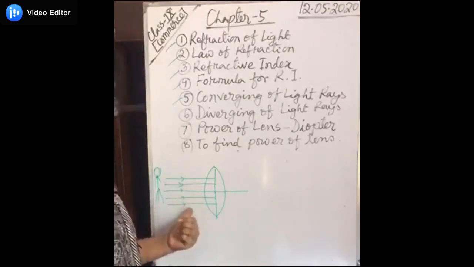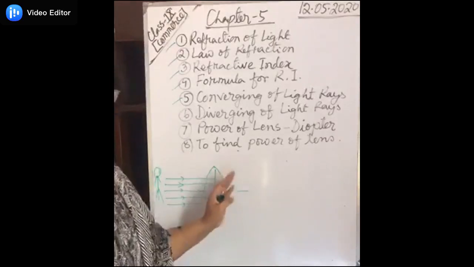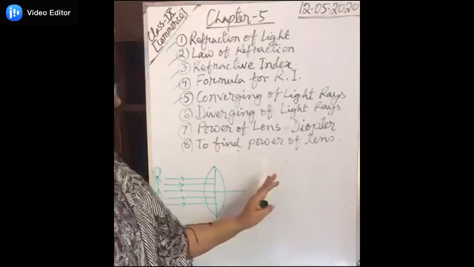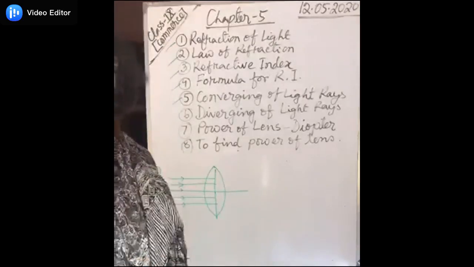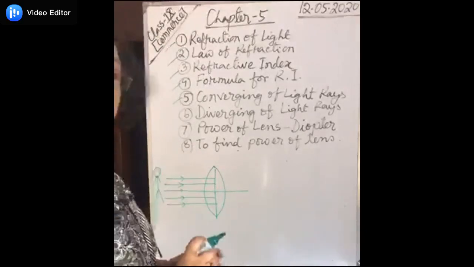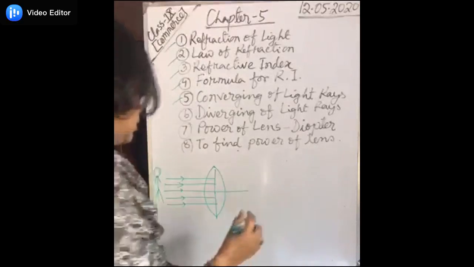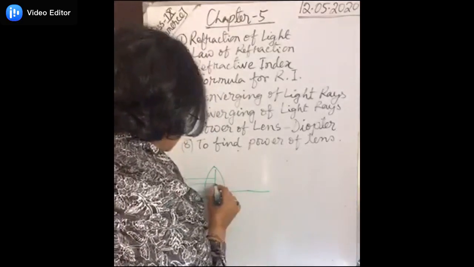The light rays are parallel to one another. When they pass through the lens and come out on the other side, they cannot stay parallel anymore. So they all come together and meet at a point on the principal axis.